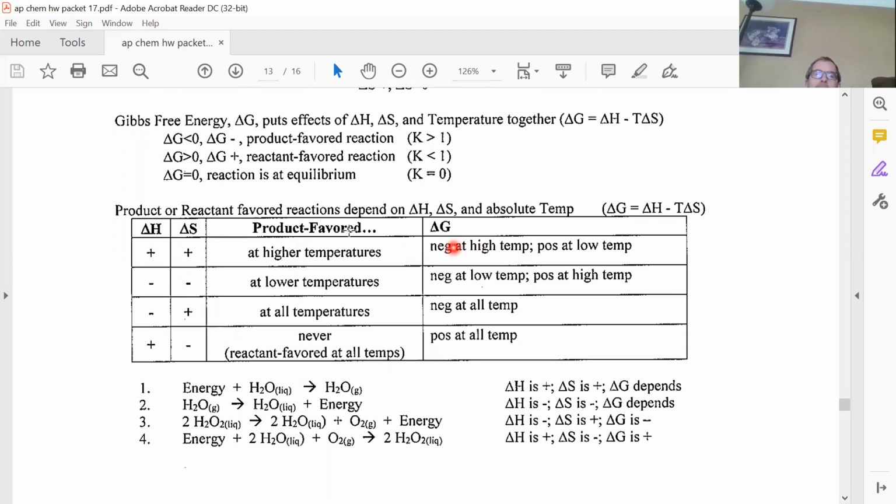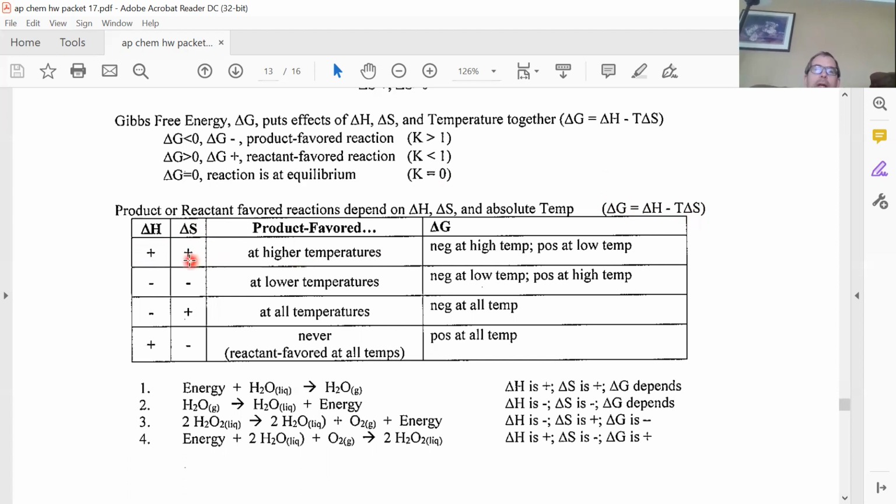If I think about this, delta H being positive is not thermodynamically favorable for the products, but delta S is thermodynamically favorable for the products. So it depends on what the temperature is. And I could look at this and say, oh, temperature is the one that the entropy term really depends on.